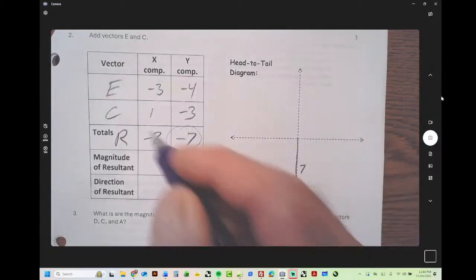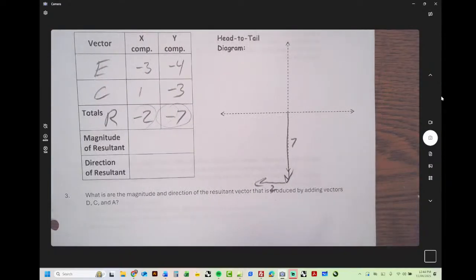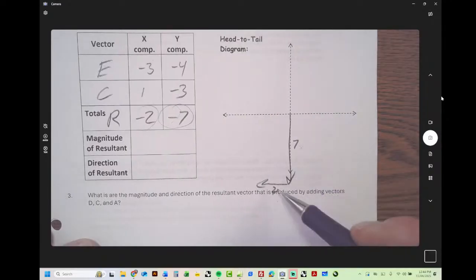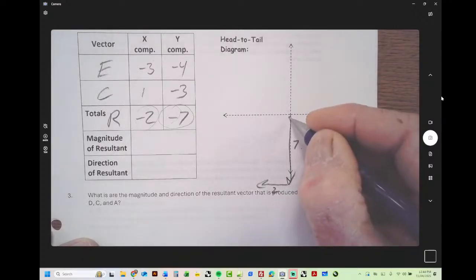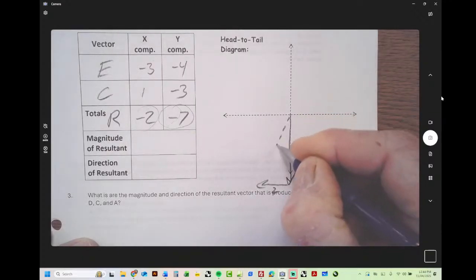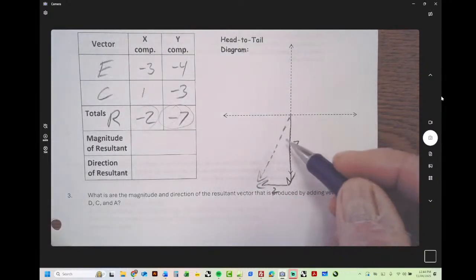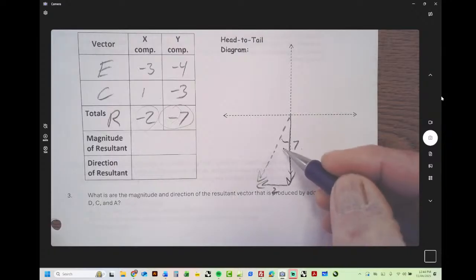And then I'm going to add on the x component, and go straight over 2. The only reason I'm doing it this way is just to show you can do it that way. It doesn't matter whether you draw this first or this one first, as long as you add them together head to tail. So the resultant is in this direction, and because of the way I've set up my triangle, it looks a little bit more convenient for me to find this angle.